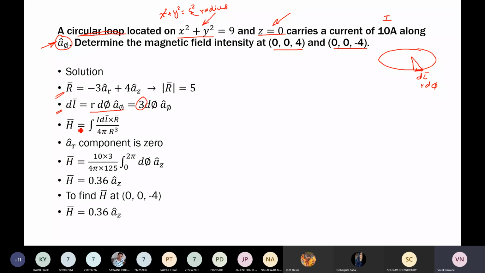Now we have the expression h bar is equal to the integral of Idl bar cross r bar upon 4 pi r cube. Here the radial component is going to be 0. Why? Due to symmetry.